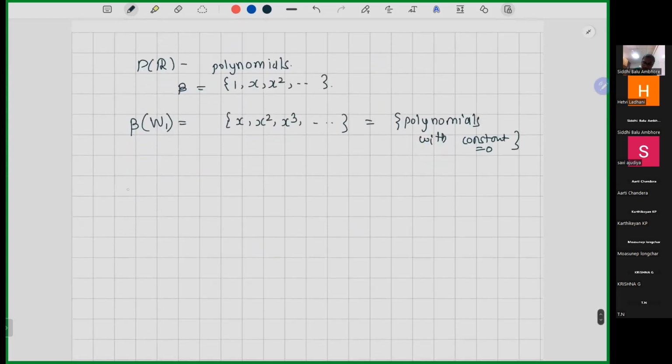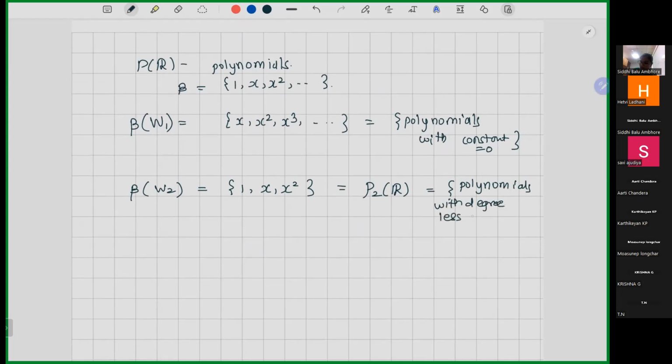And we can take this beta to be W2, 1, x, x square. This is P2(R), polynomials with degree less than or equal to 2.